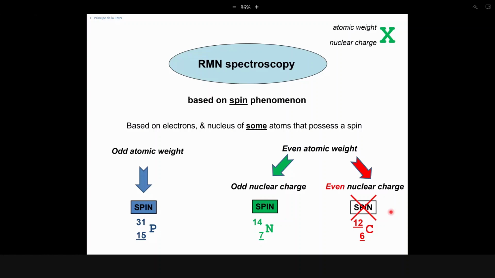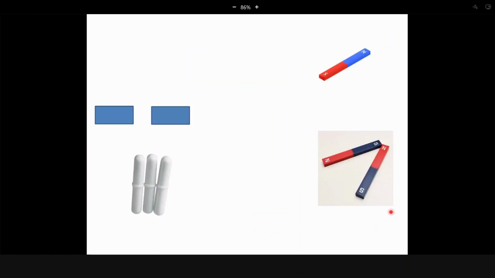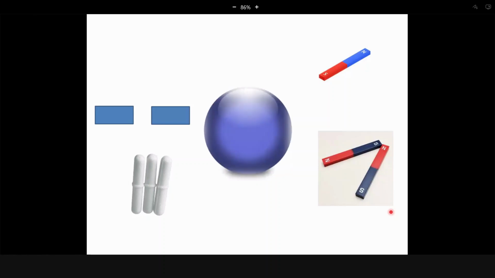Okay? So this is important for the NMR phenomenon. We need to have magnetic properties, and these magnetic properties are directly linked to the nature of the atom, to the atomic weight and the nuclear charge. When the atom has a spin number, remember the nucleus is like a ball, and it spins round and round around an axis.